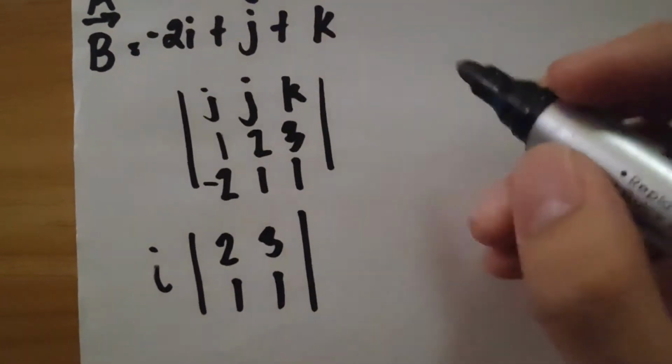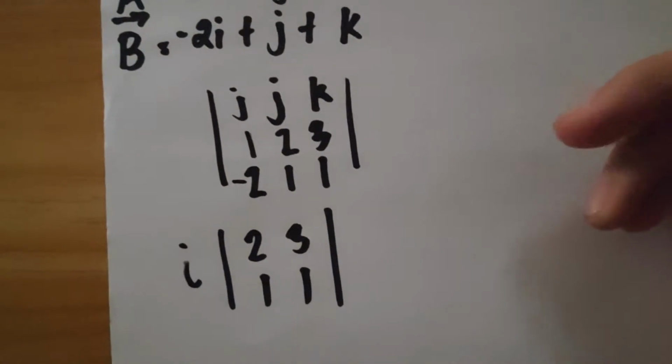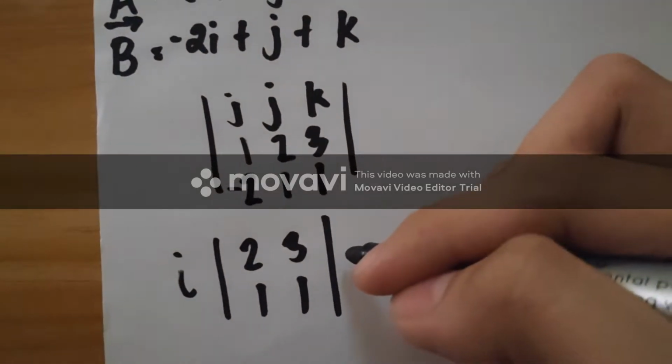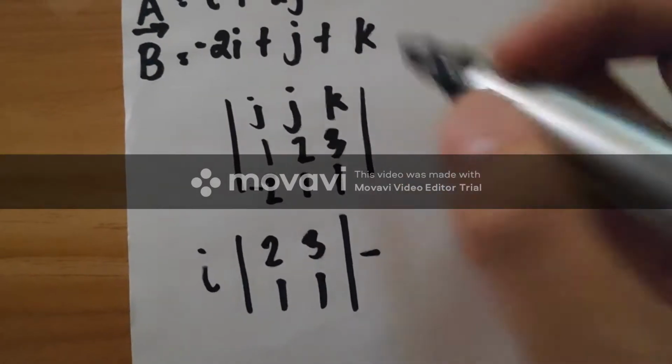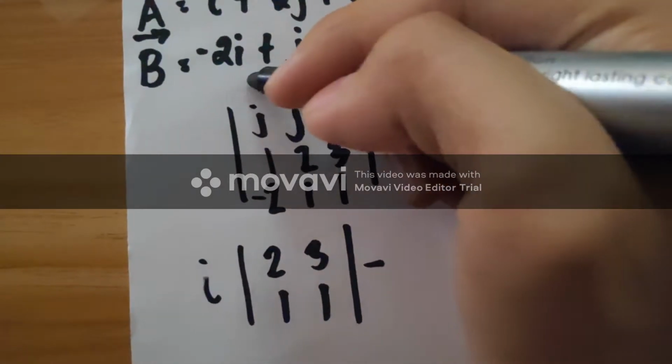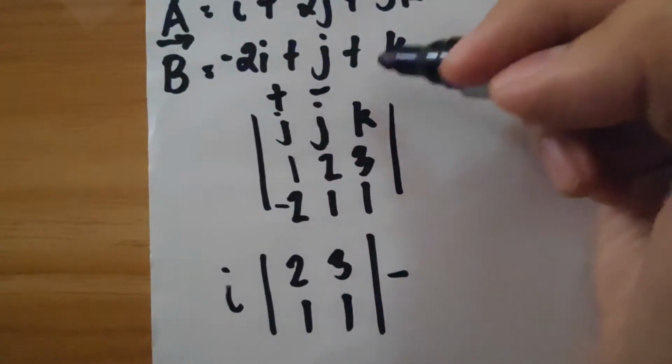Next is the j hat. In terms of the j, we simply need to make it negative, as the signs of these terms have to be positive, negative, positive.